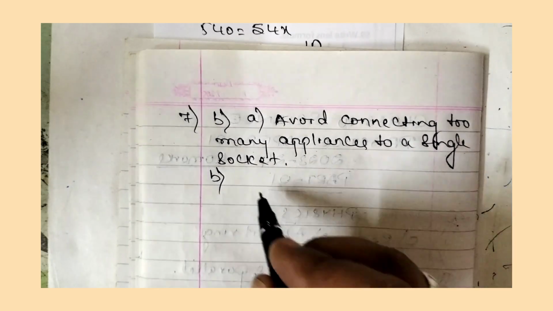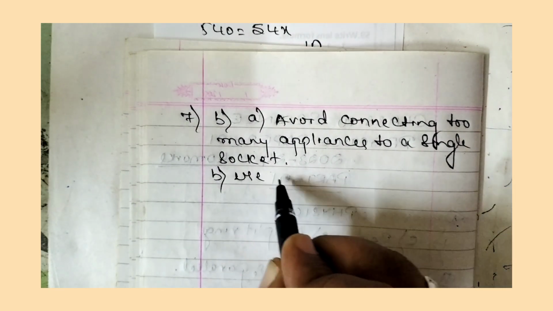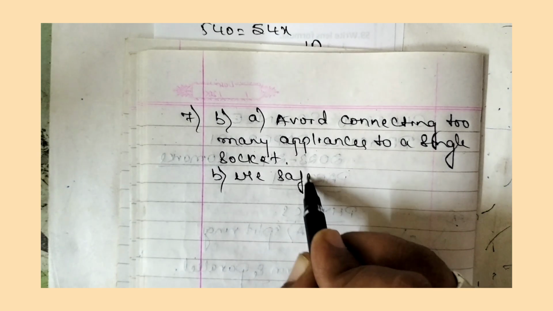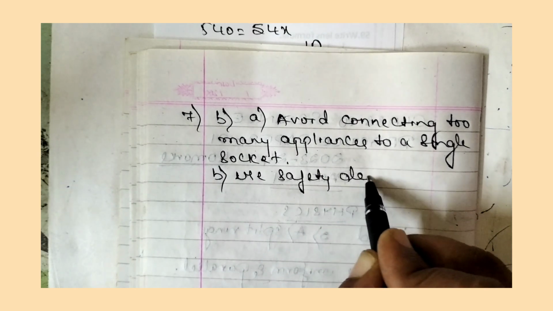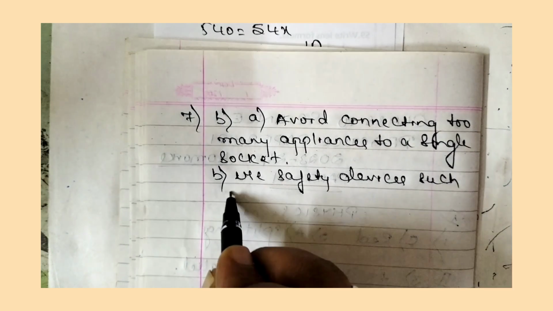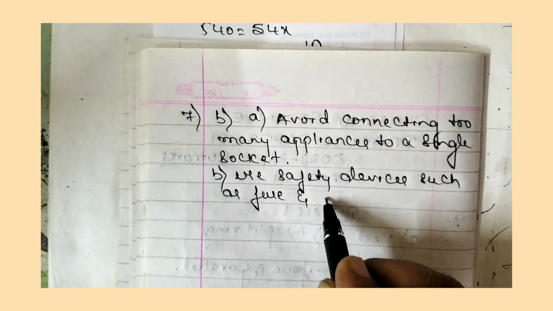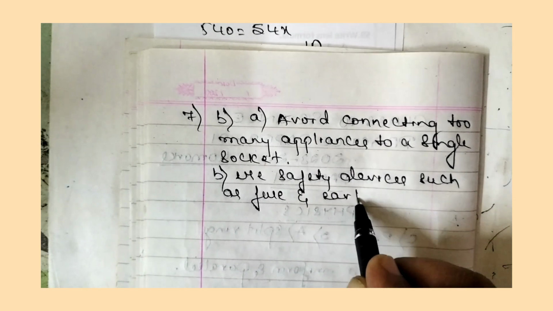Then the second one is use safety devices such as fuse and earthing.